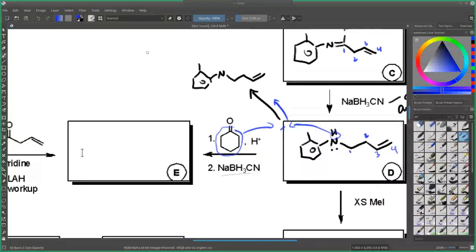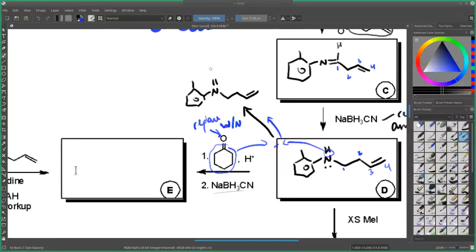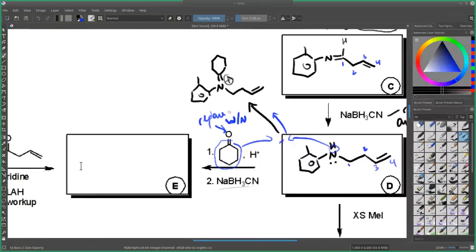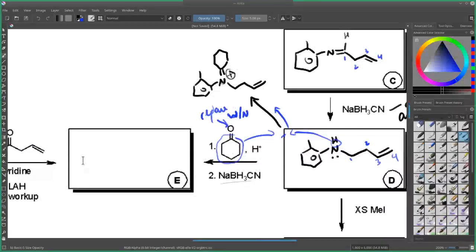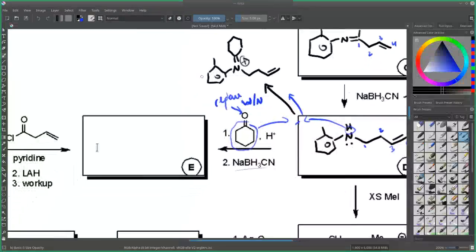So the simple way to think about it is to replace the oxygen with the N. All right, we'll do that. Replace that oxygen with the N. So double bond there. And there we go. Now that nitrogen has a positive charge, so, all right, cool. Now we can reduce it.